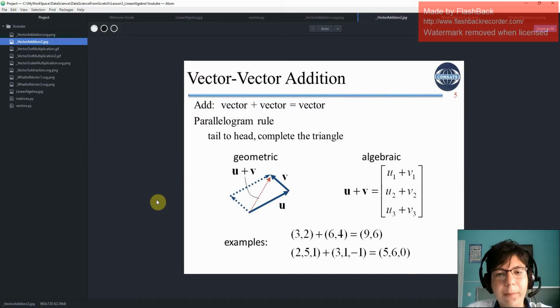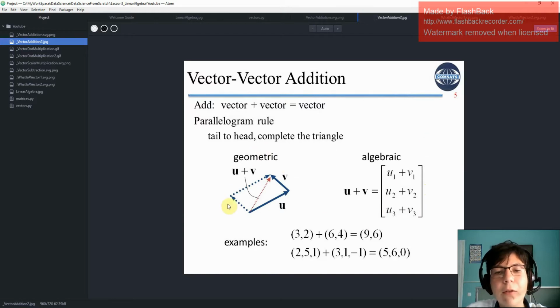This is another image which illustrates vector addition. So as you can see, this is the algebraic relation. So it is an element-wise addition. You add the first element of the first vector with the first element of the second vector, the second element of the first vector with the second element of the second vector, and so on, and you obtain another vector.